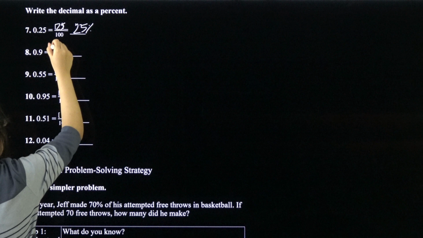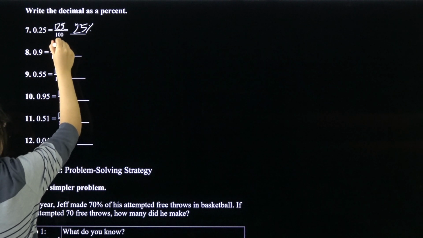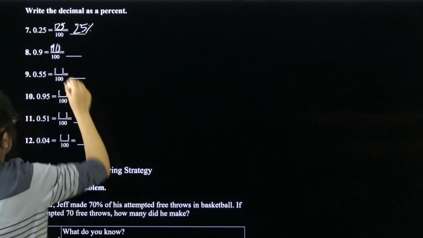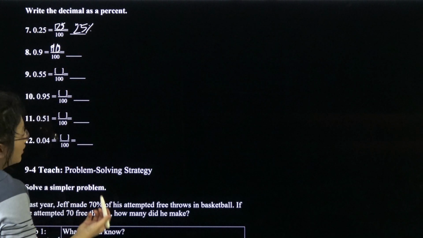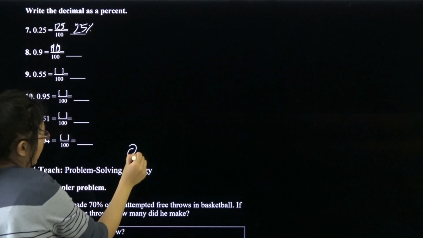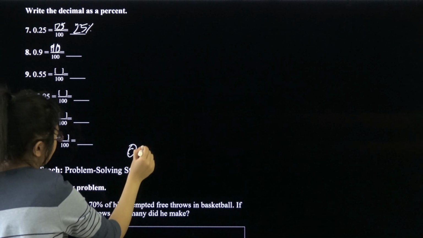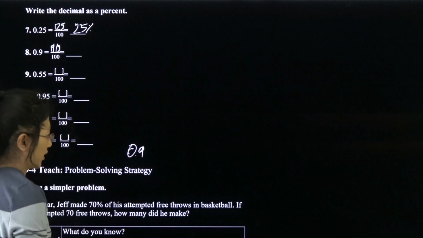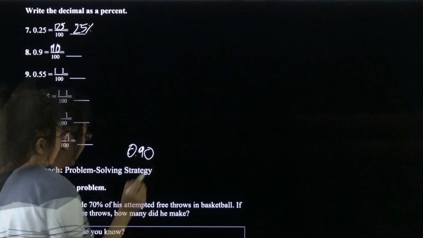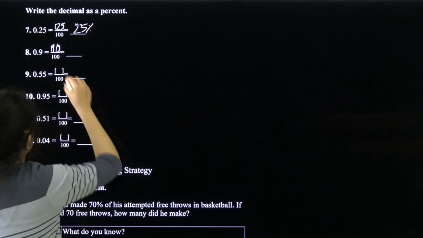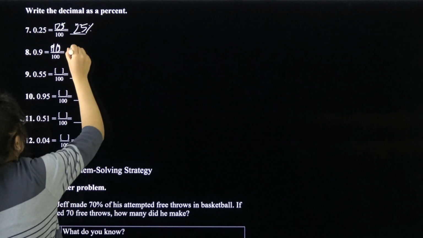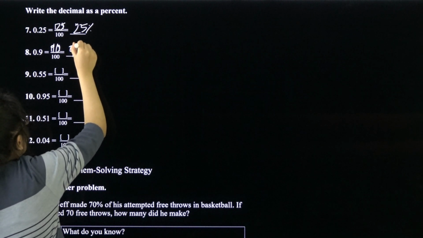Now, 0.9 would be 90 over 100, because think about it. Over 100, it always has to be to 2 decimal places, and 0.9 is only 1. So there must be something here, and that would be a 0 because you don't omit other numbers. So that would be 90%.